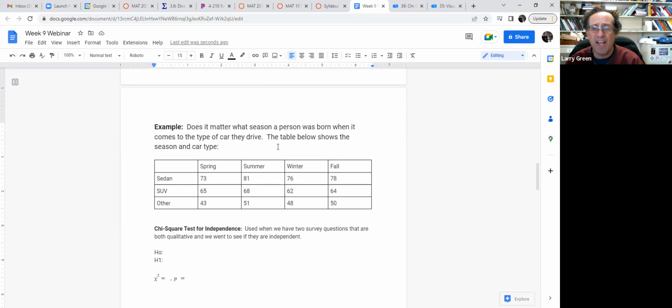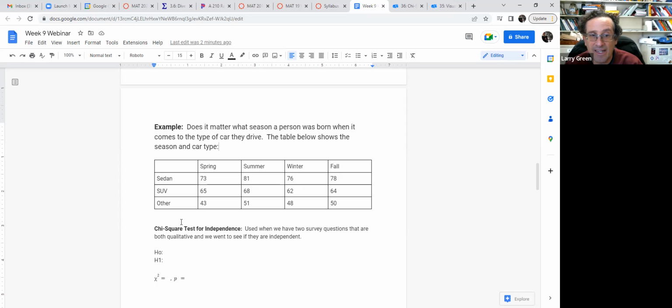So what this table is, is a survey. You can imagine a survey being done where they're going to ask the person 2 survey questions. The first survey question is, what season were you born in? Spring, summer, winter, or fall? And then the second survey question would be, what kind of car do you drive?